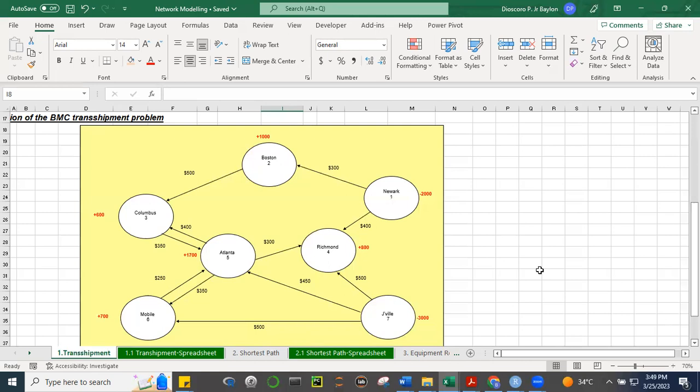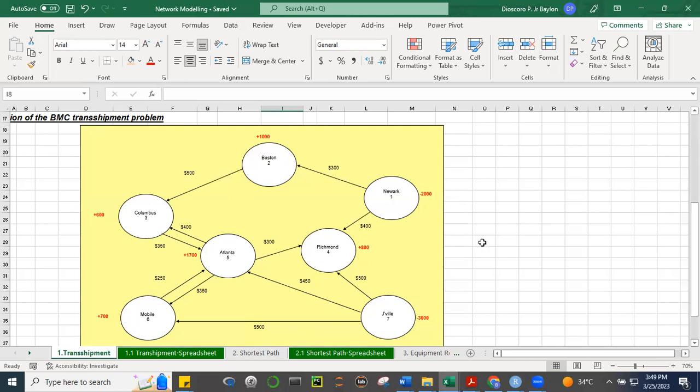So you have the supply of negative 2000, negative 3000, that's 5000. And we want our network to deliver to the different nodes, and the nodes here represent the cities. So Richmond needs 800, Boston needs 1000, so that's 1800, Columbus 600, so that's 2400, Atlanta 1700, so that's 4100, and then Mobile is 700, so that's 4800.